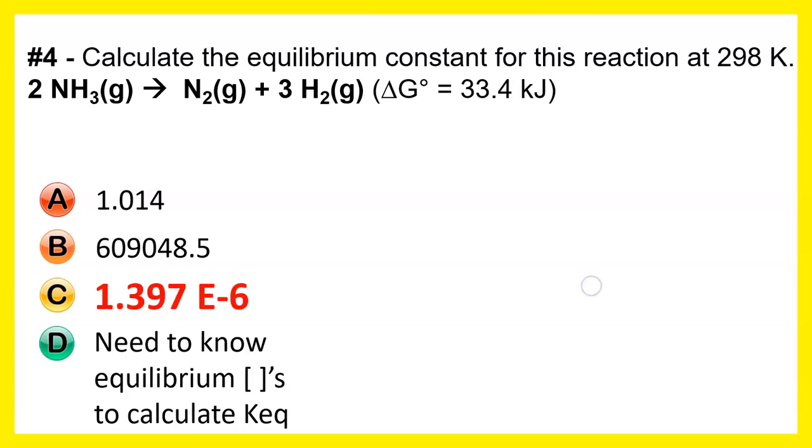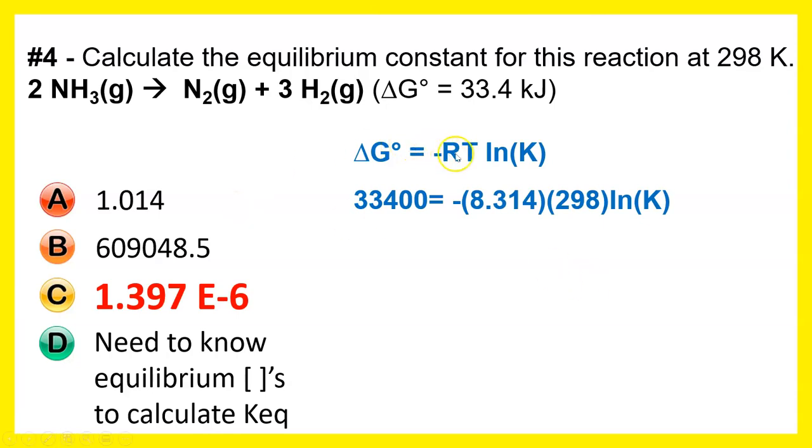Well, we can use delta G equals negative RT ln K. This time, I'm going to convert delta G into joules because my R value is in joules. You could have converted R to kilojoules. That would have been fine as well. Temperature in kelvins and the natural logarithm of K. Solve for natural logarithm of K.